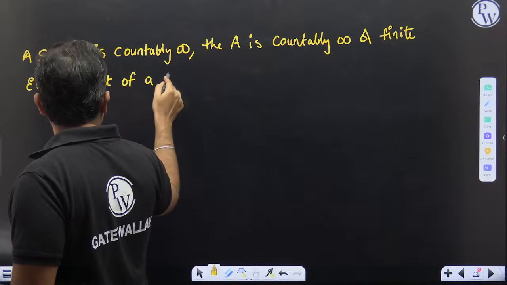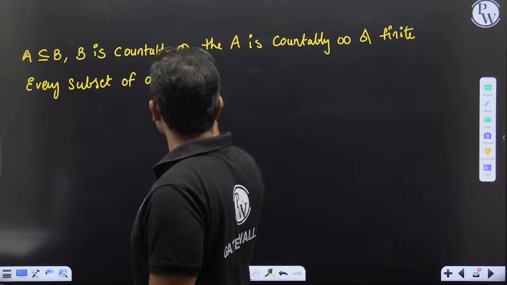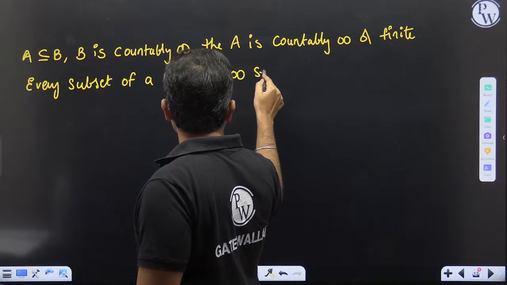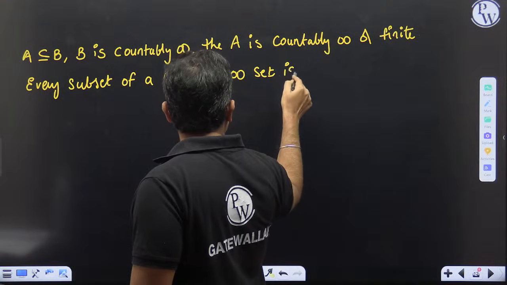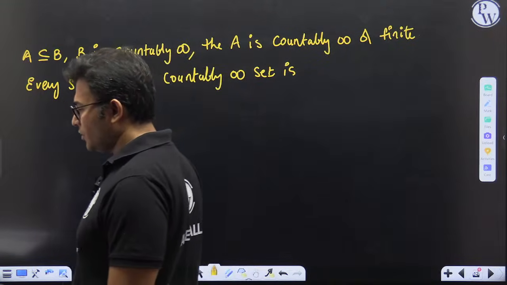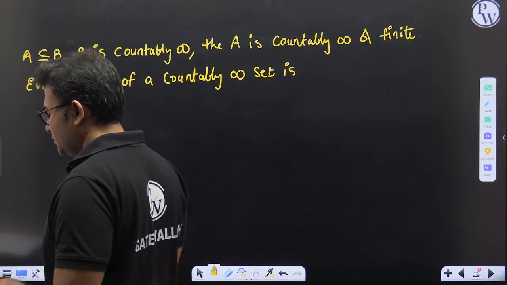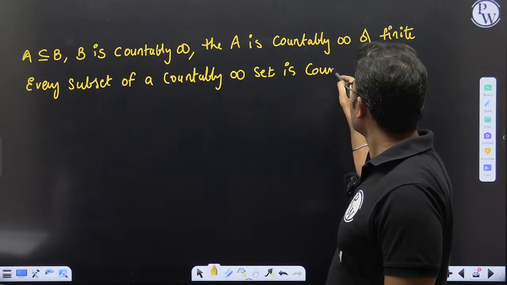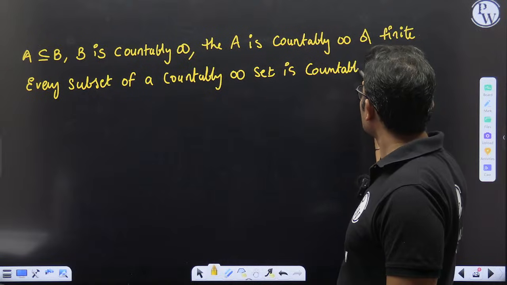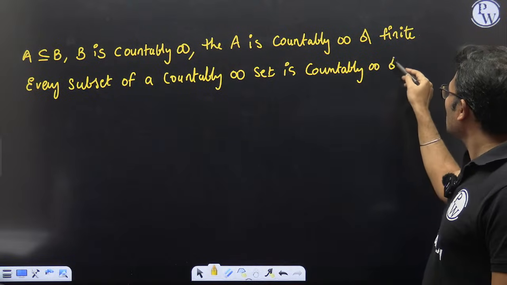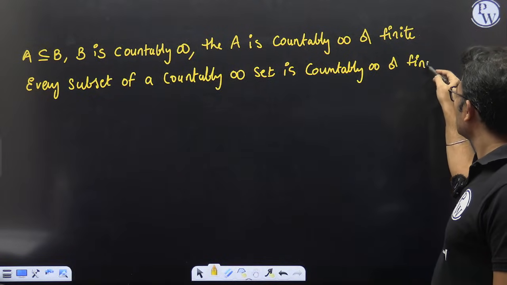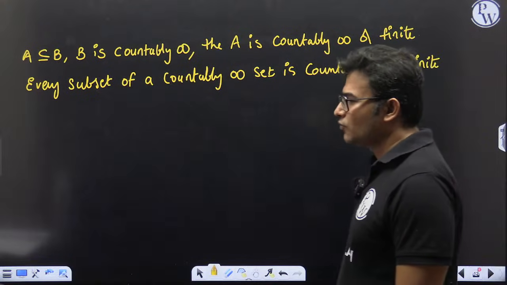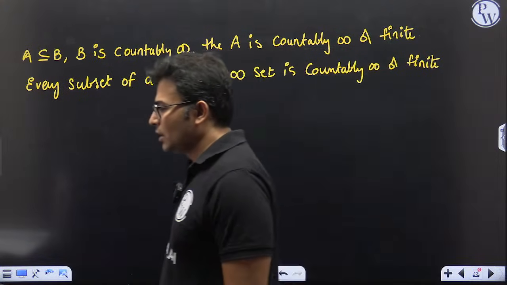Every subset of a countably infinite set is countably infinite or finite, right?